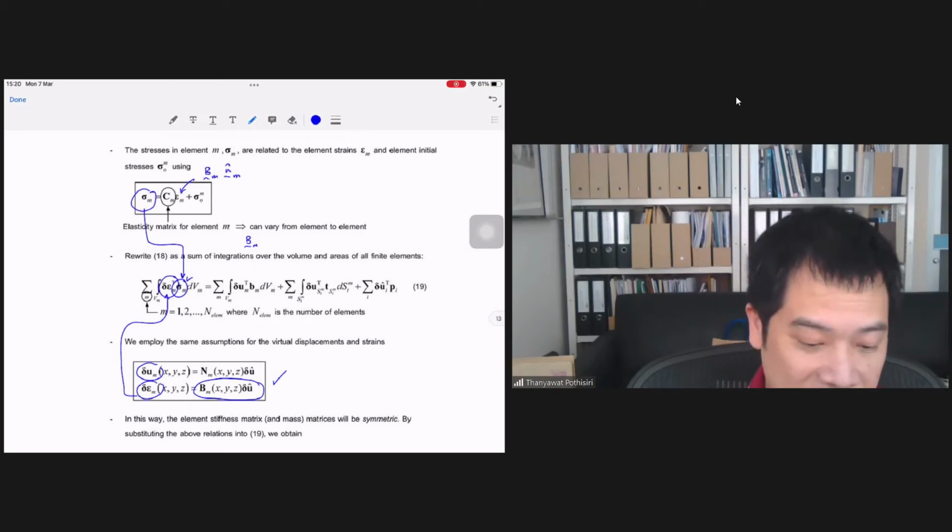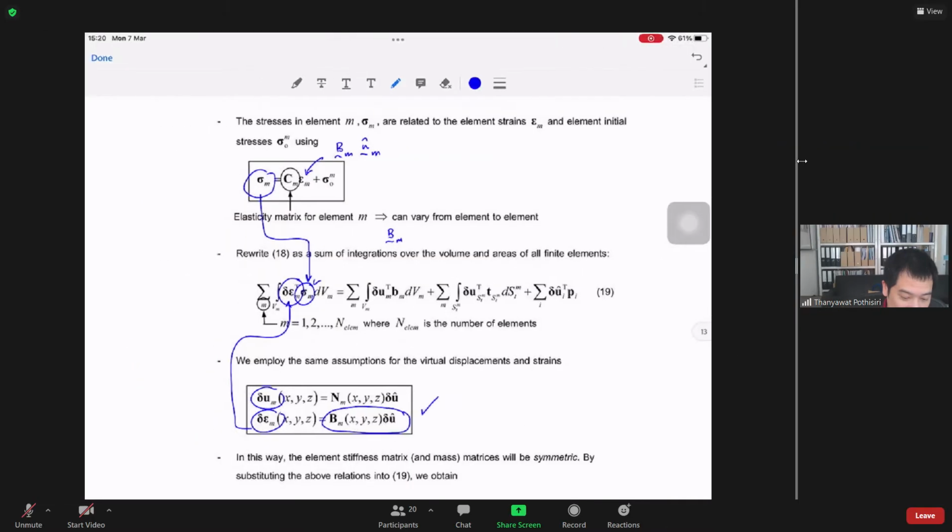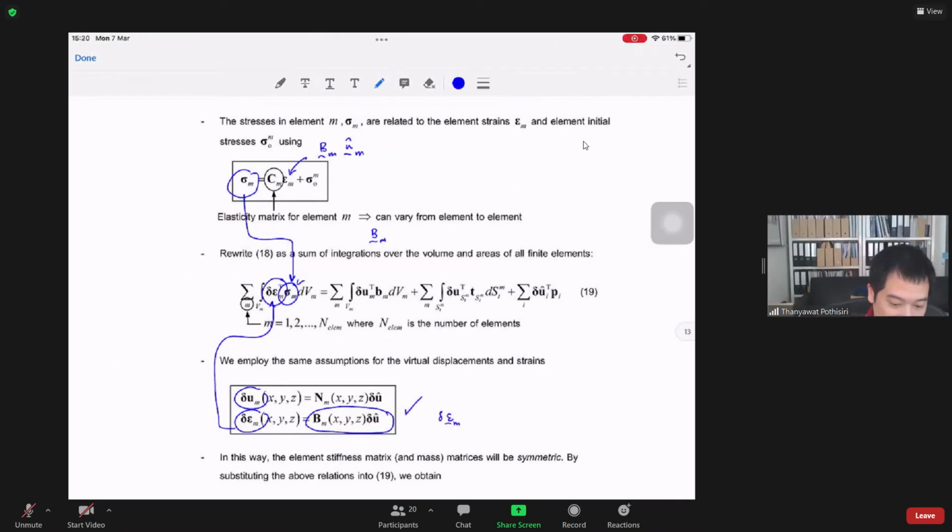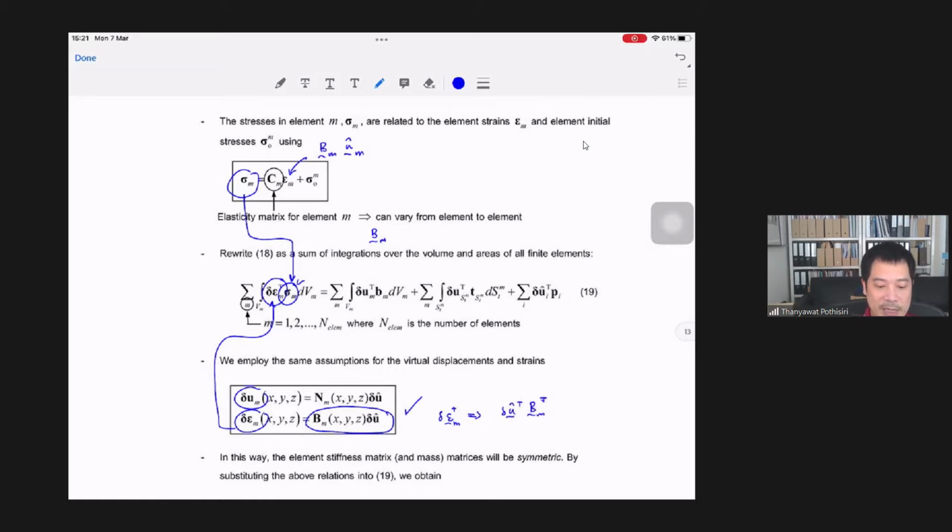Strain transpose, right? So virtual strain transpose becomes this transpose, okay?